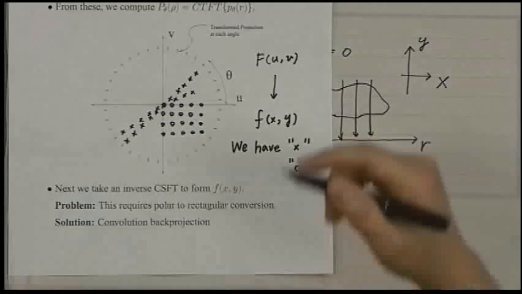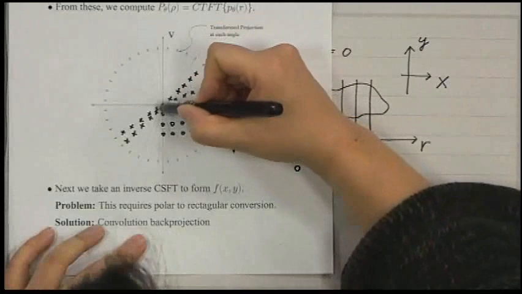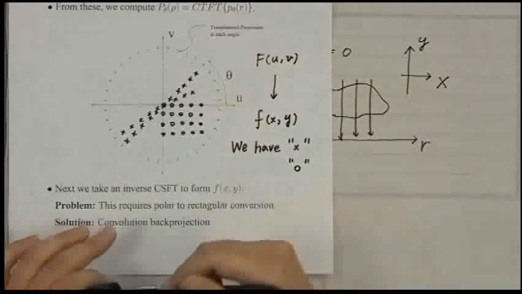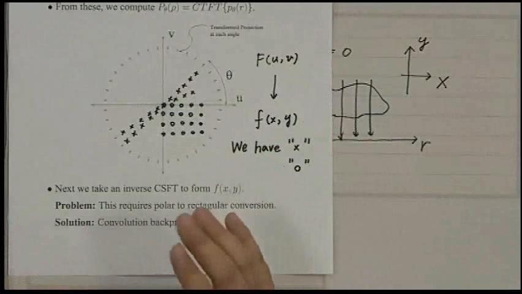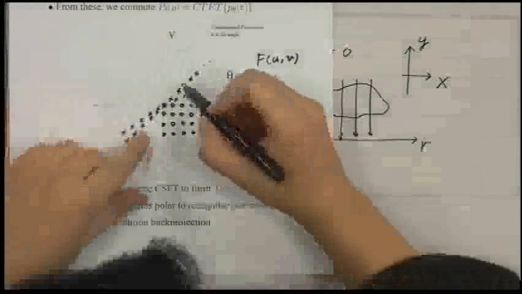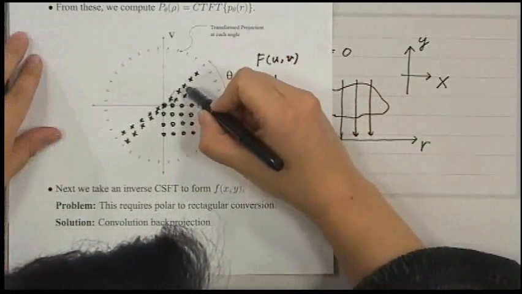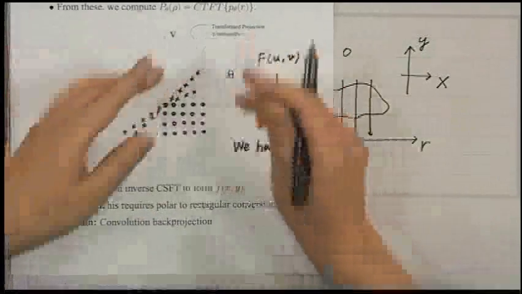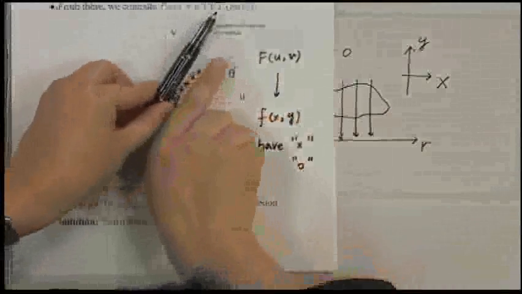And plus, look at this. Around the origin, the data is very dense. So even if we do interpolation, we probably don't have a problem. But if we look at these two lines, as r gets larger, these two lines get farther away, right? Like this.